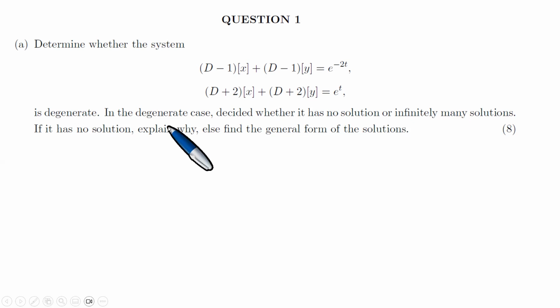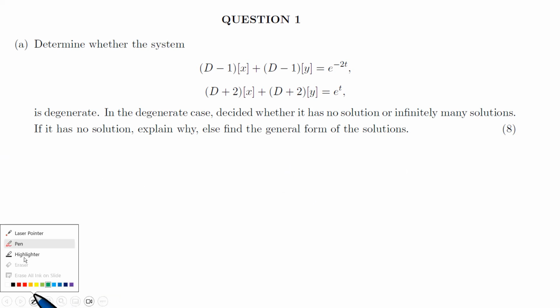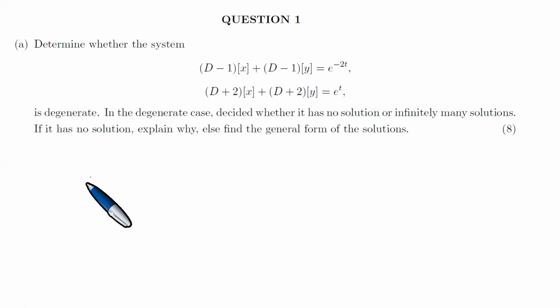So if it is degenerate, either no solution exists or there are infinitely many solutions. If it has no solution, explain why, else find the general form of the solutions like we did. We found y in terms of x of t, where x of t was an arbitrary function. We do the same here in the January 2023 question.